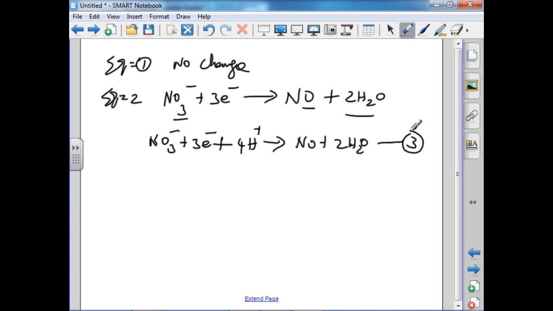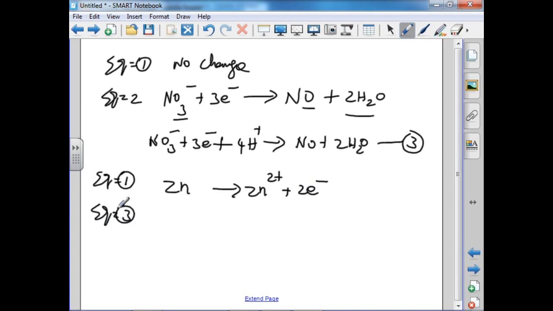Next we are going to balance the charge. From equation number 1, Zn gives Zn2 plus plus 2 electron. Equation number 3, NO3 minus plus 3 electron plus 4 H plus gives NO plus 2 H2O.